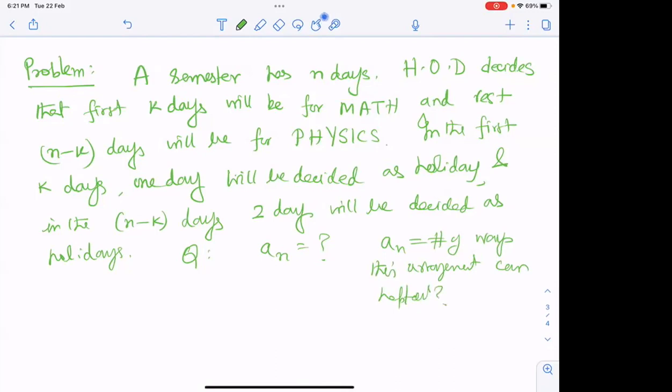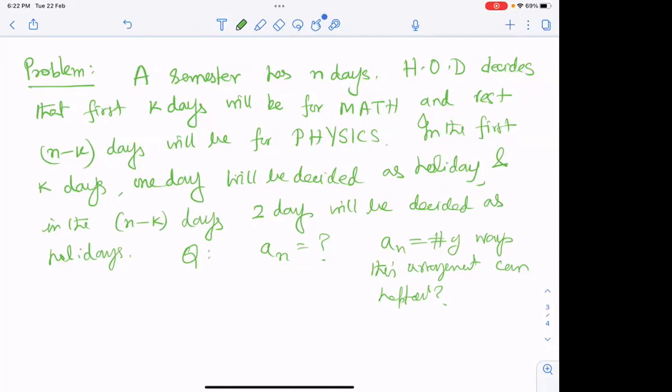So this is the problem description given in front of you. The semester has exactly n days. For some value of K, the department will decide that we'll study math for the first K days, and the rest n minus K days will study physics. K could be anything. And among the days where we are studying math, there will be 1 day leave, holiday. And in the days we are studying physics, there will be 2 days leave. So how many ways can this arrangement be made?